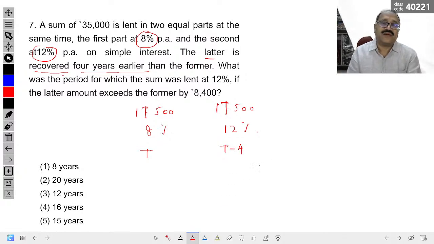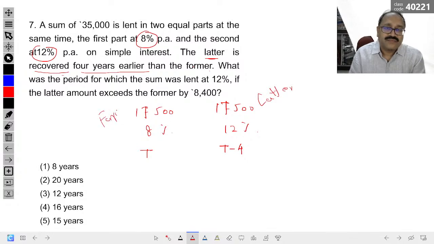If you look at the word, the latter means this one and this is the former. So if the former tenure is T, the latter is T minus 4.